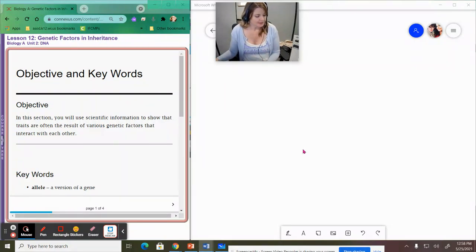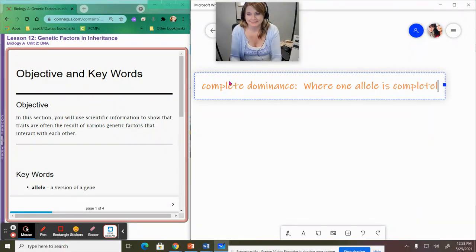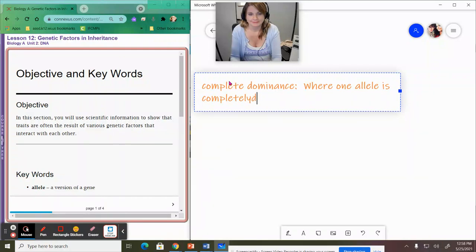So a couple different patterns we're going to talk about. The first one is, we'll just remind you, complete dominance. This is what we talked about before. This is where one allele is completely dominant over the other.